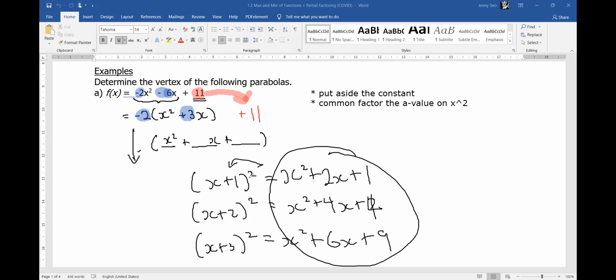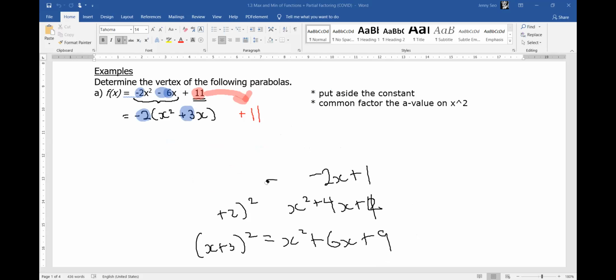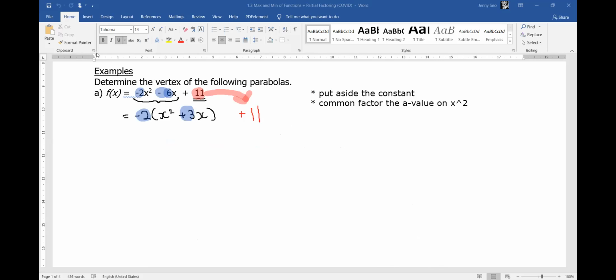That's my goal, right? If I really want to turn that into vertex form, that's the whole purpose. So just hold up for a second. I know I mentioned this, and I'm going to come back to it later on. You'll be like, oh, okay, so he had a reason for all of that. Just factor out the a value, nothing else, okay?